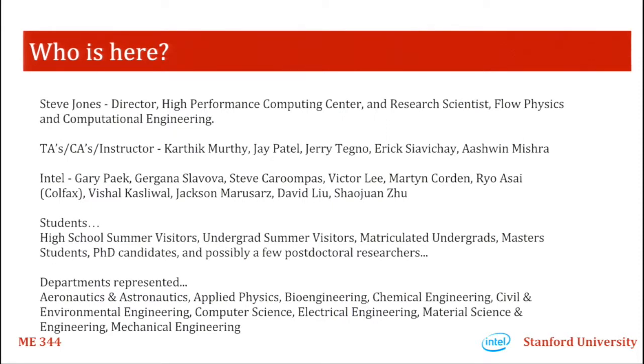So there's quite a mix of people here. I was looking through the registration, and we have some people that are high school students in the summer visitor program, matriculated undergrads that are Stanford students, and then masters and PhD students. And then I think we have a handful who've snuck in, postdoctoral researchers and others who weren't able to enroll for the class, that are here auditing.